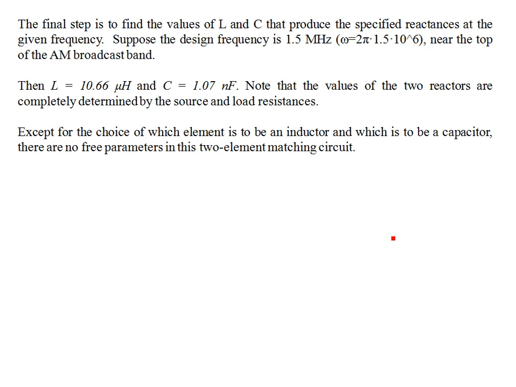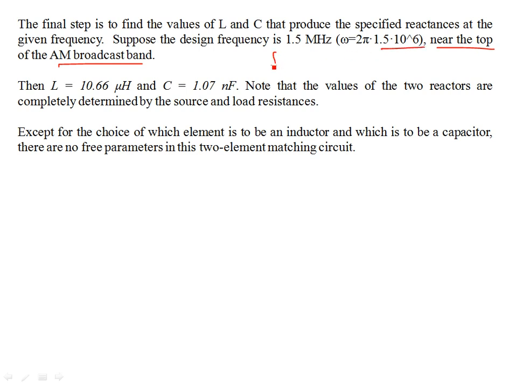Okay. So the final step is to find the values of inductor and capacitance that will produce the specified reactance at the given frequency. So suppose you're designing the circuit at the AM broadcast range, and near the top of the AM broadcast range is about 1.5 megahertz.